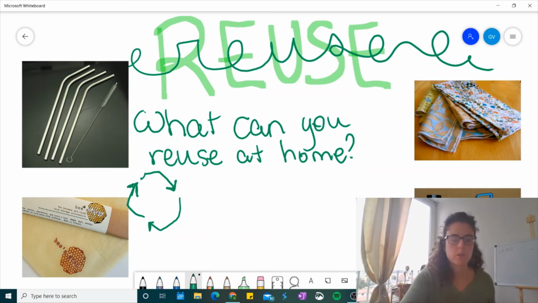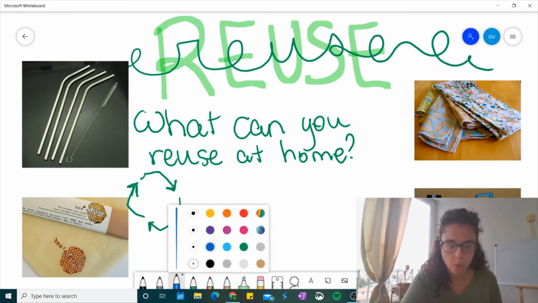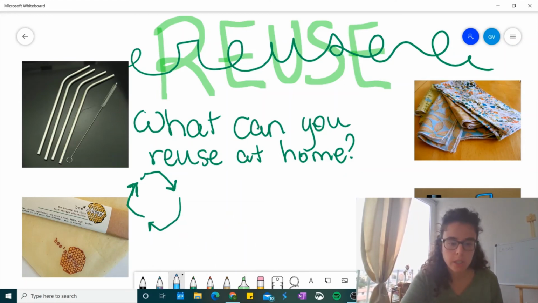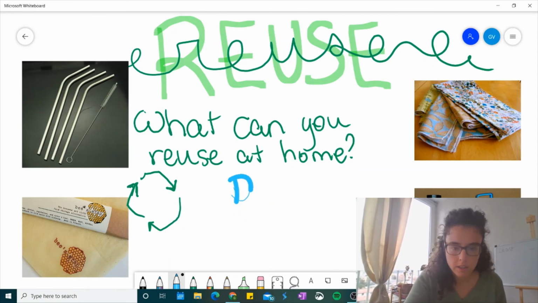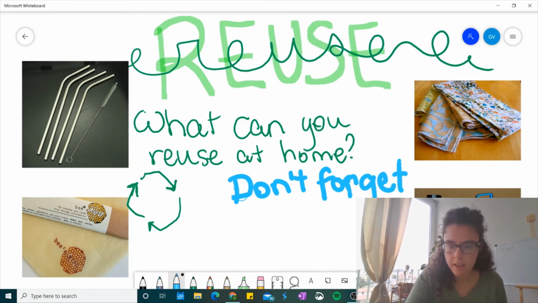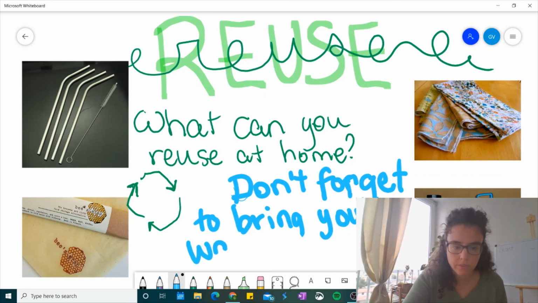Okay, and then maybe I'll use a different color. I'll use maybe a blue or this like sky blue. And I'll be like, don't forget. I want to make it bigger though. Okay. Don't forget to bring your water bottle.